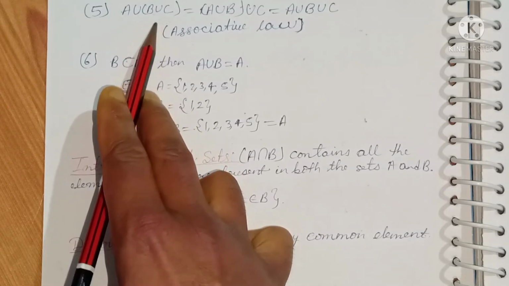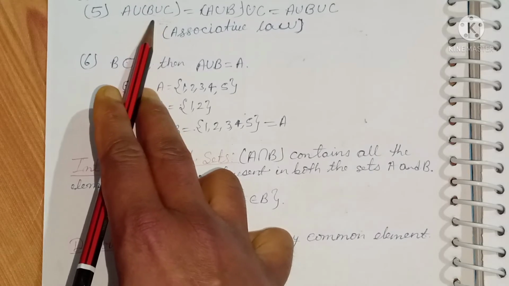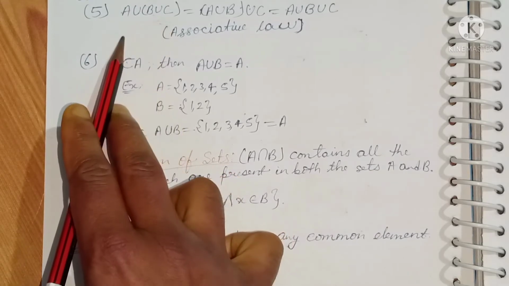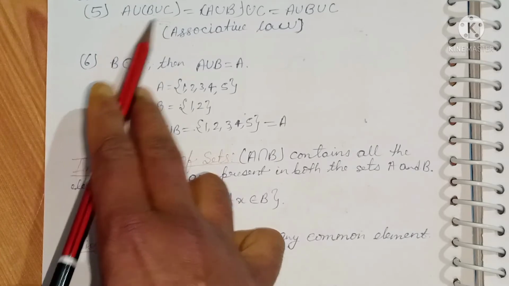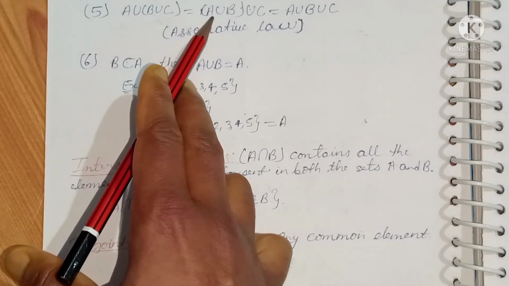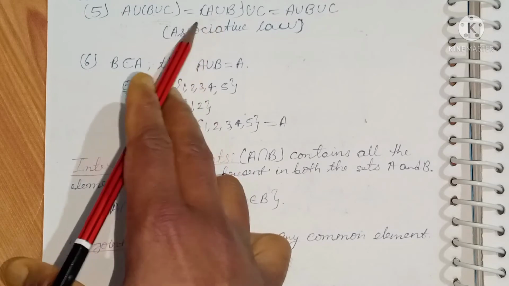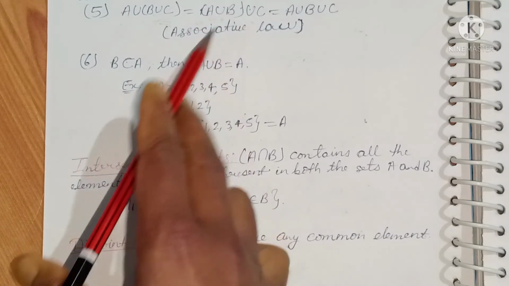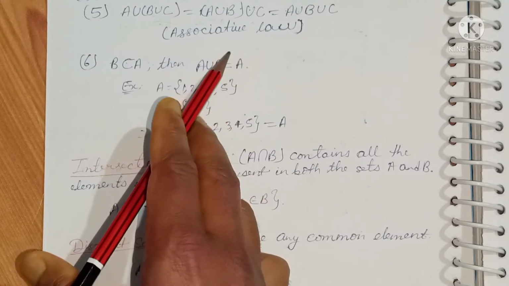Here you are doing the union of B and C first, then with A. So you can change the order. On the right hand side you are doing the union of A and B first, then with C. This is the associative law. You can change the order.